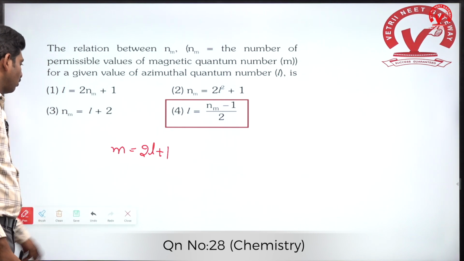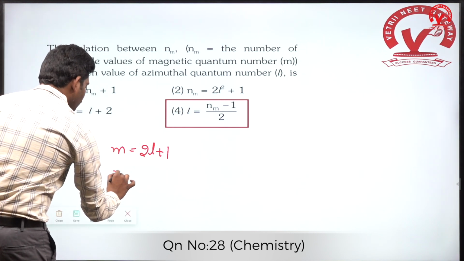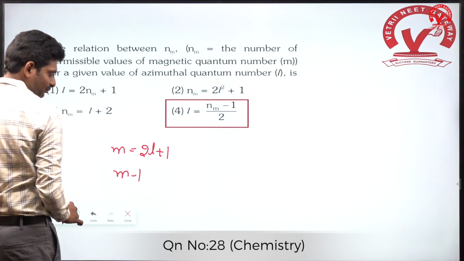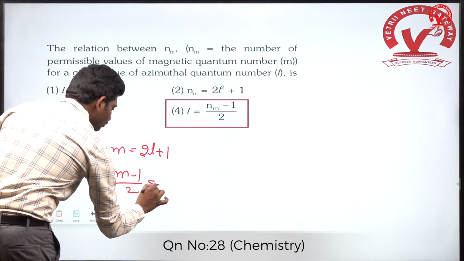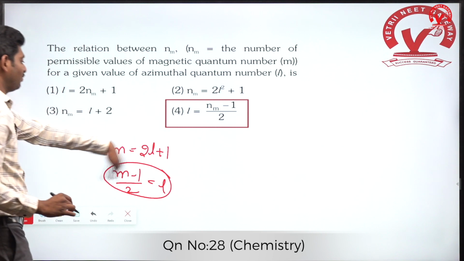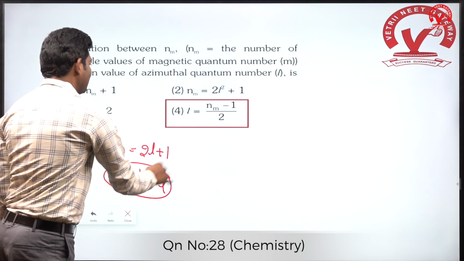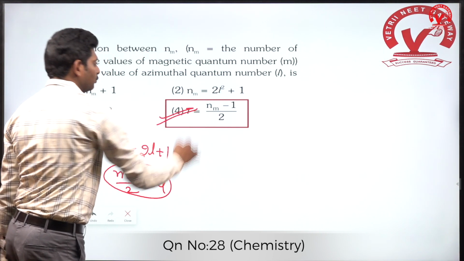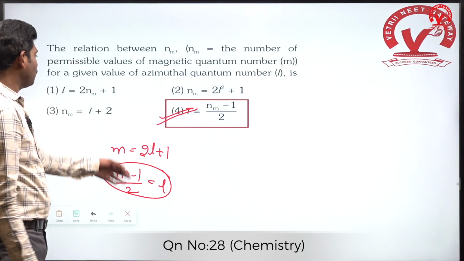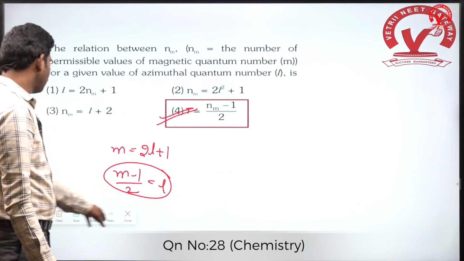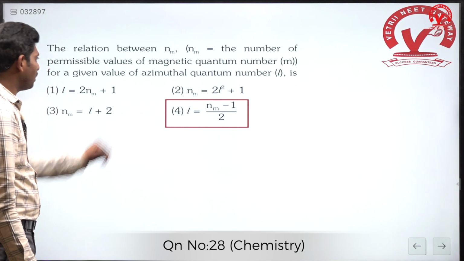So m minus 1 by 2 is equal to l. So l is equal to m minus 1 by 2, the number of permissible m values. It is also a direct question.